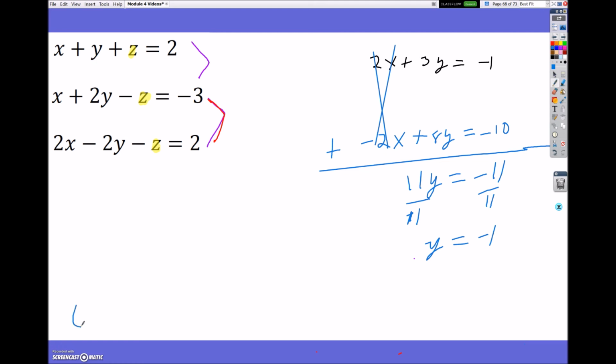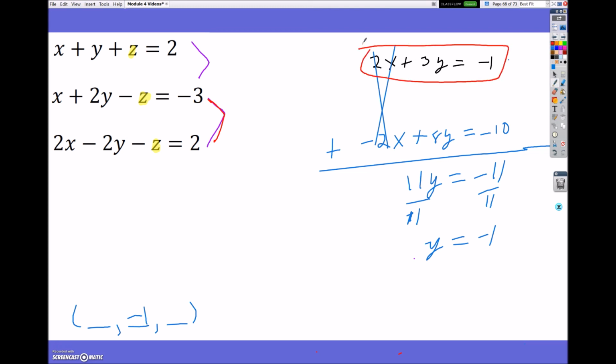So, in my ordered triple, I just found my y first. So I got my x, my y, my z. And now I'm going to look back at one of these originals without the x's and the y's crossed out, and I'm going to plug in that negative 1 for y. I'm going to focus on this top one in red.